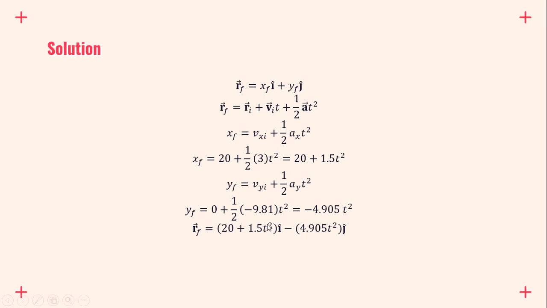Now for the y coordinate, we do the same, since we start from 0, and also Vyi is 0. So we have yf is equal to 0 plus 0 plus 1/2 times negative 9.81 t squared, which is negative 4.905 t squared. So combining the two, xf plus yf, we have (20t plus 1.5 t squared) i minus 4.905 t squared j.